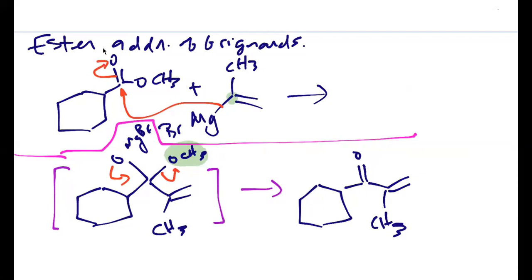Everything is based on the pKa of the conjugate acid. If the vinyl group left, which is this group down here, that would be bad. It's a terrible leaving group. So when this elimination happens, the OCH3 is a better leaving group. So that's my product plus the salt, OCH3MgBr.